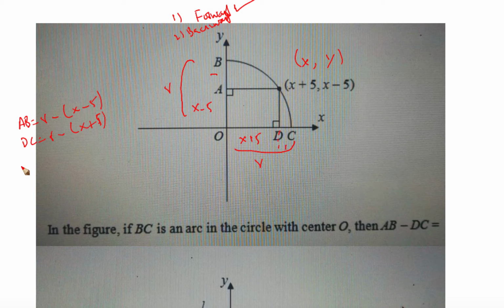AB is R minus X plus 5, I just open it, minus R plus X plus 5. These all cancel out, so we get 10. So 10 is the answer.